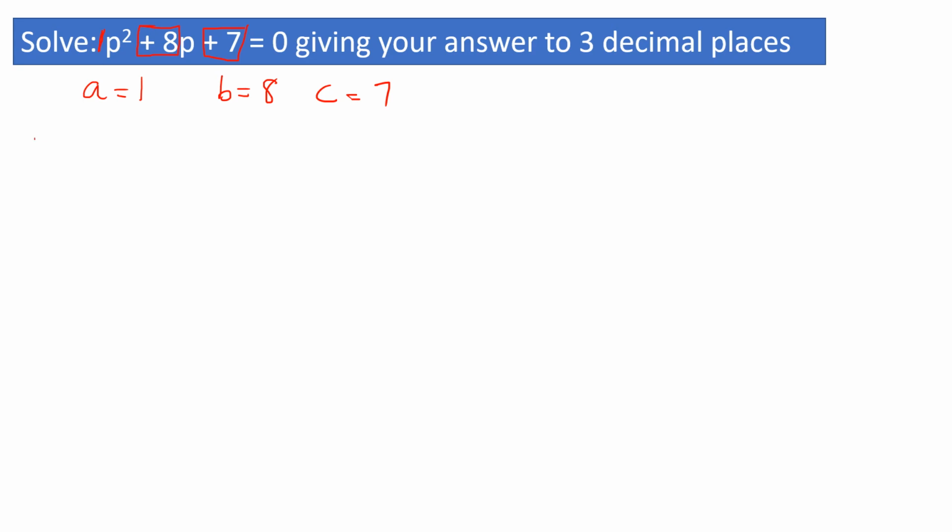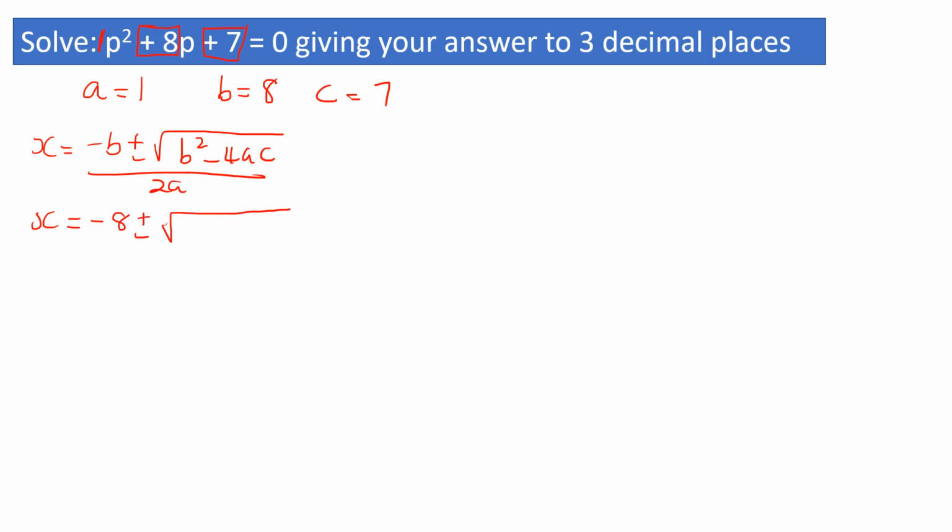Here we have our formula. x equals negative b plus or minus the square root of b squared minus 4ac over 2a. So x equals, b is positive, so we write negative 8 plus or minus the square root of 8 squared minus, in brackets, 4 by 1, a is 1, c is 7, all of that over 2 times a, and a is 1.